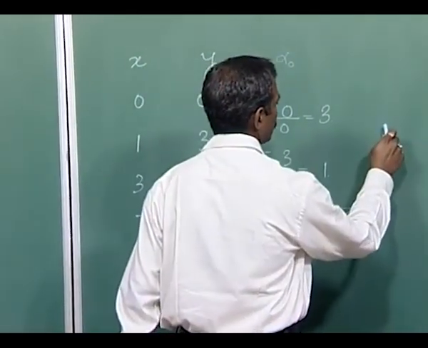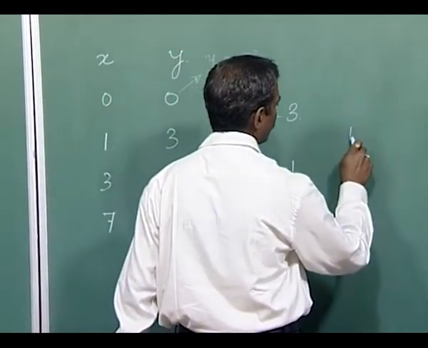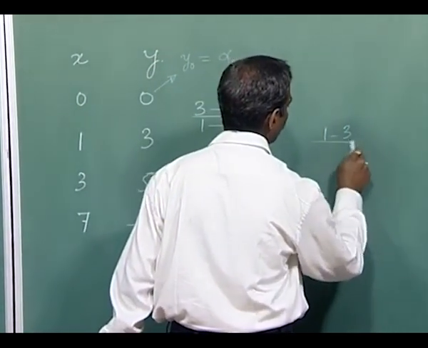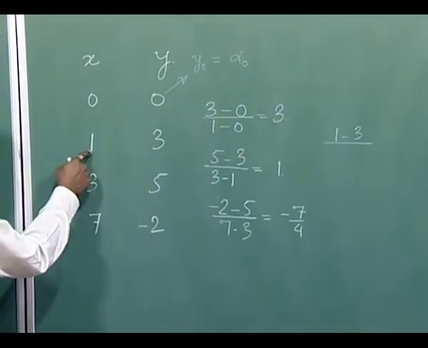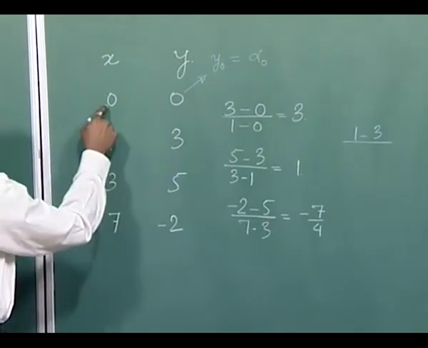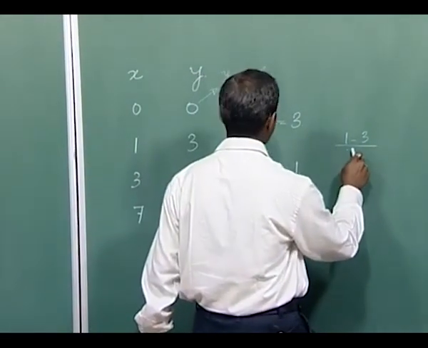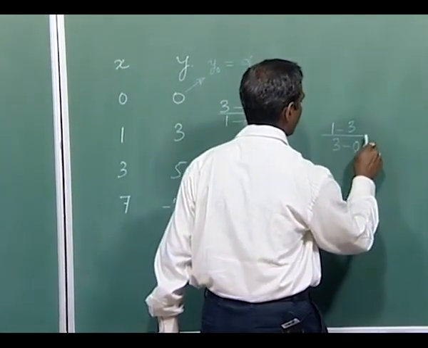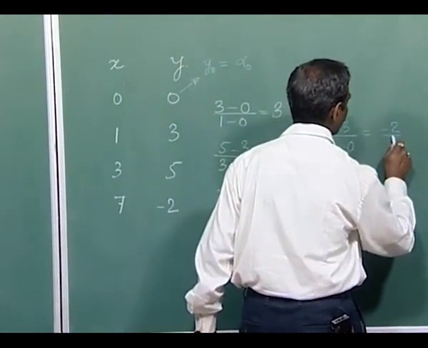This is how. 1 minus 3 over, now here, I'm going to be skipping this entry and considering this interval here, 3 minus 0, which is equal to minus 2 over 3.